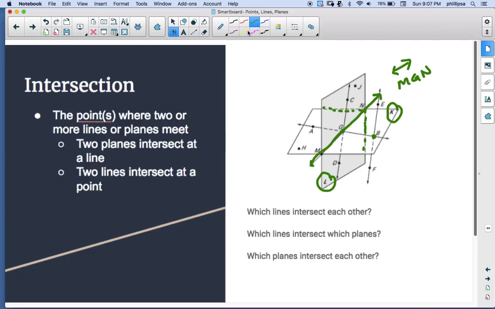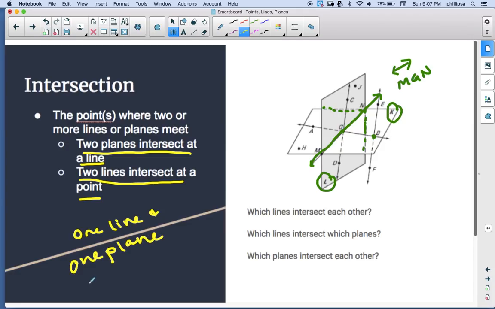Okay, so two lines intersect at a point. Two planes would intersect at a line, and one line and one plane intersect at a point.